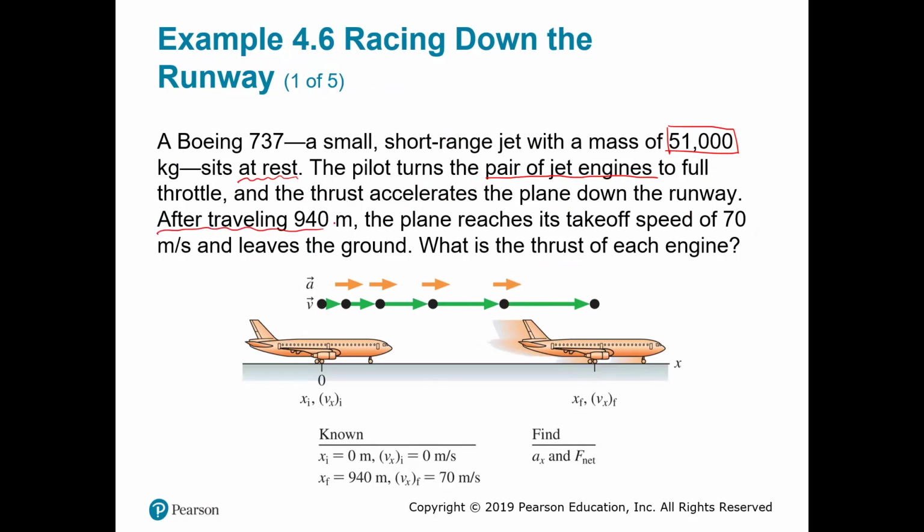After traveling 940 meters, right? So the distance from here to here is 940 meters, which corresponds to delta x, right? The plane reaches its takeoff speed of 70 meters per second. So now you see the initial velocity is zero, and your final velocity is 70 meters per second, right?